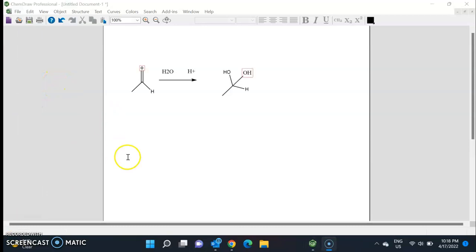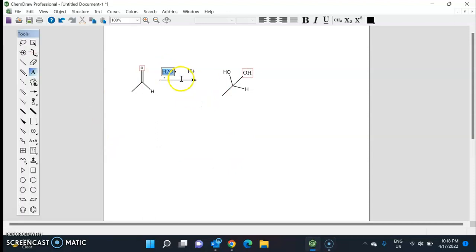water. So yeah, we can react this aldehyde with water and acid, and here we have our H plus ion, and that will give us this geminal diol compound. So we can also replace this water molecule with CN minus, and it would give us a cyanohydrin, which is this compound right here.